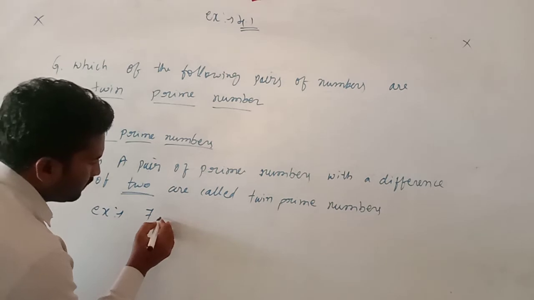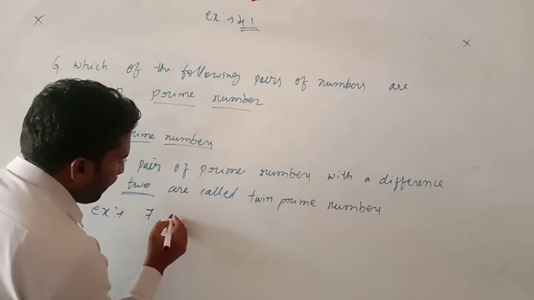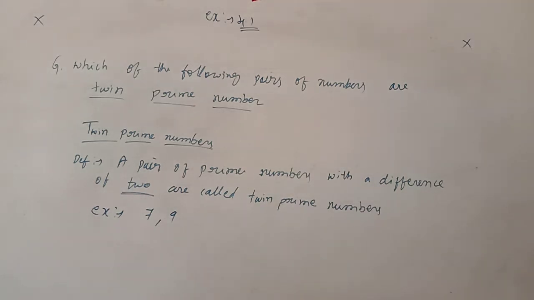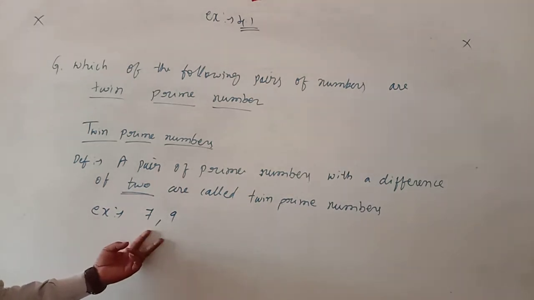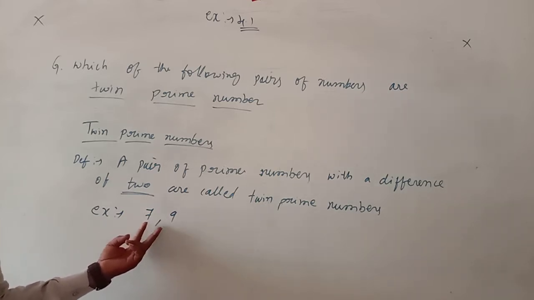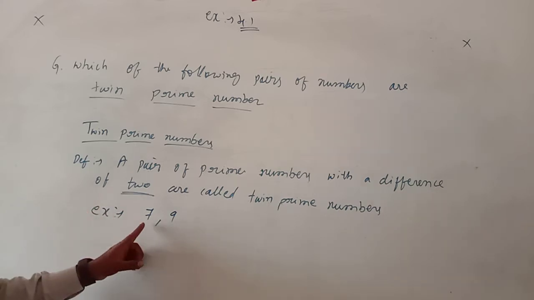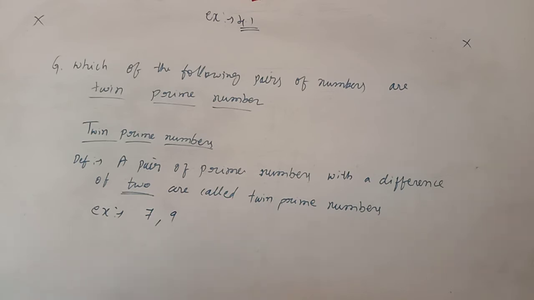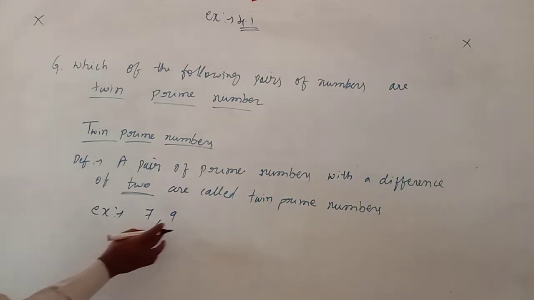So what are twin prime numbers? 7 and 9. These two are prime numbers because we get the common factor only 1 for 7 and 9. And what is the difference between these two?